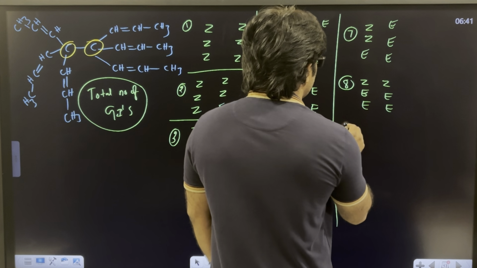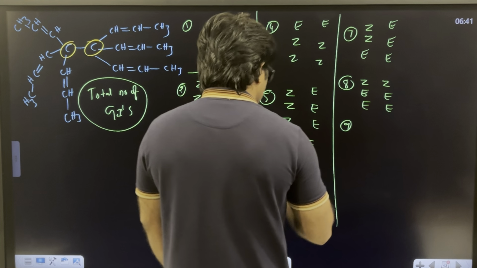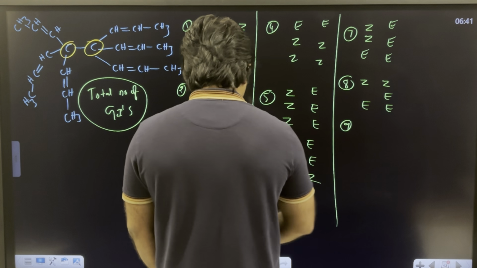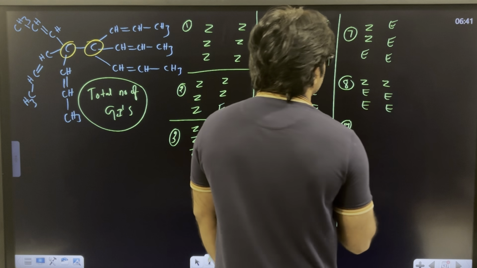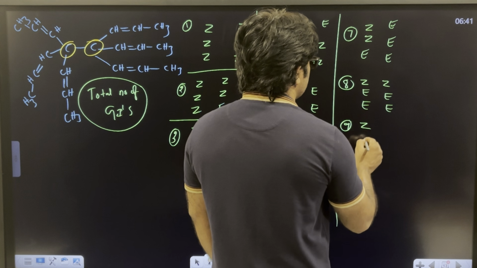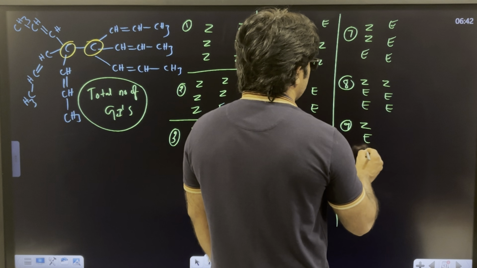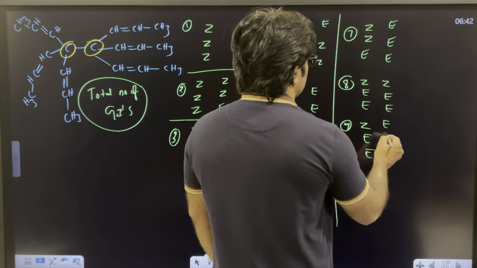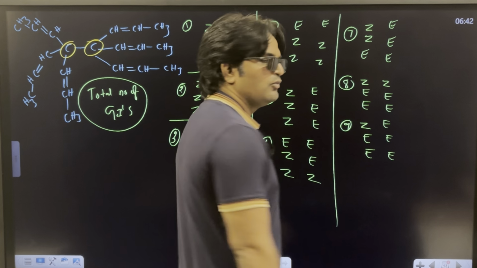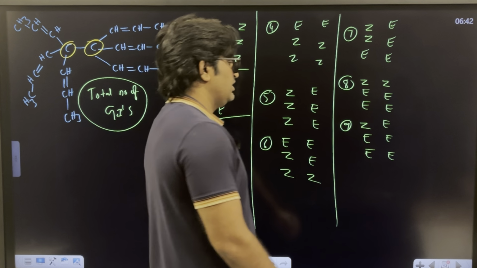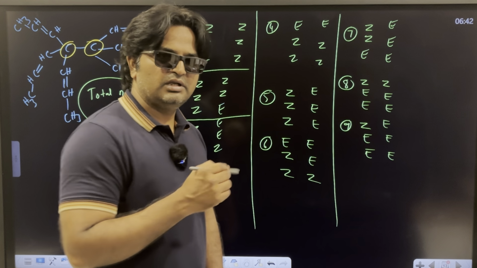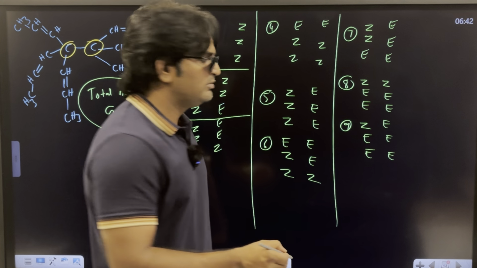What is the ninth possibility? Ninth possibility. I am taking one Z, remaining all are E configuration. E, E, E. Here only one possibility is there. Why? Because Z, either you are taking left side or right side, your result will be same.